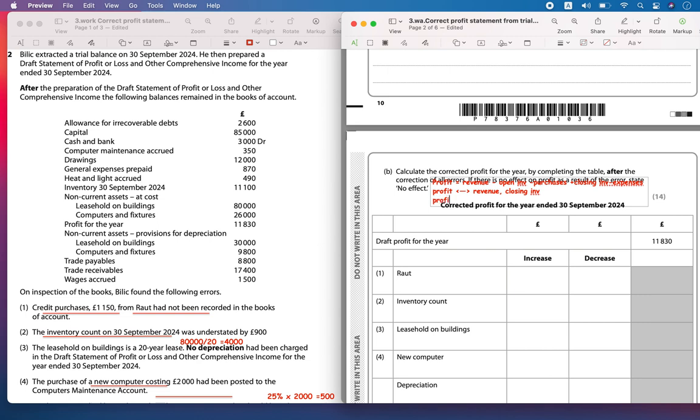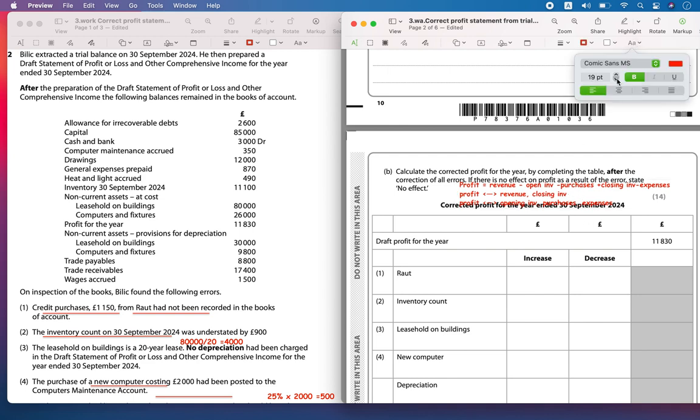But the others behave inversely: opening inventory, purchases and expenses. Any increase in one of them affects the profit inversely. This is another easier way to remember in the exam, so that we can spare some time.